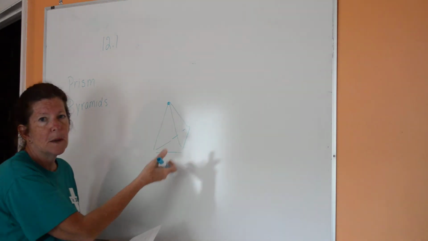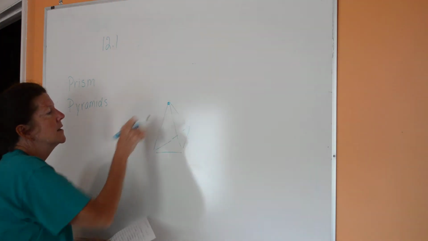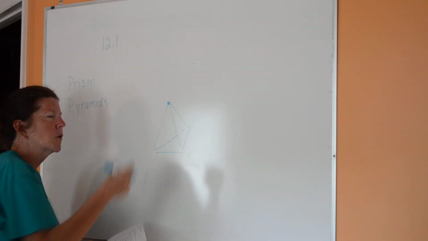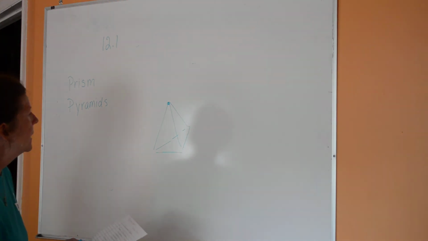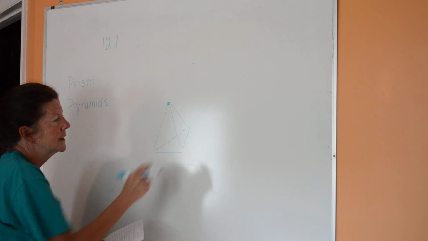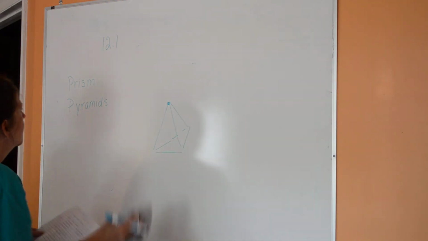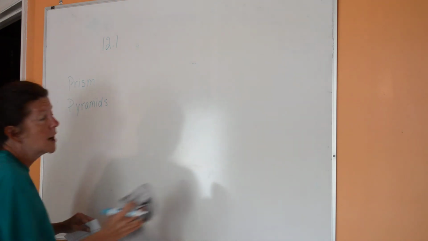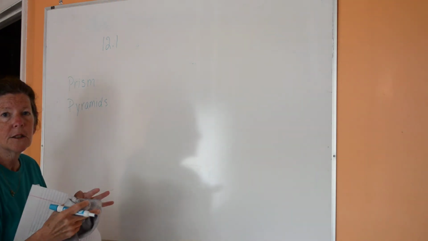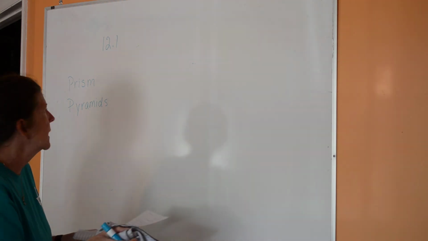The base is always going to be your triangle on that one. But then it has these faces, which would be this triangle, and a triangle on the back. It has vertices here, here, here, and here. And it has edges. I've got some objects at church that I need to bring home that show you these different shapes, and I'll try and get those tomorrow.